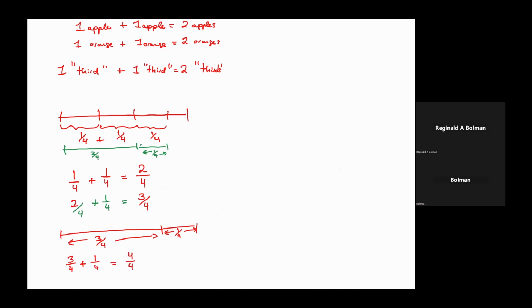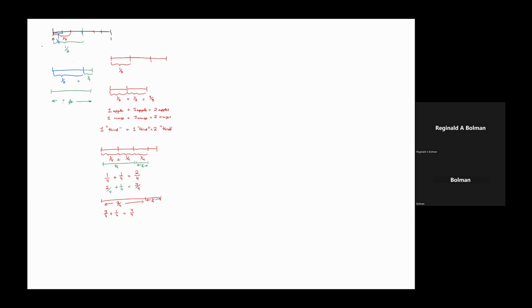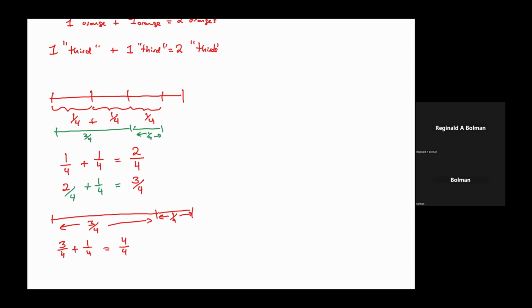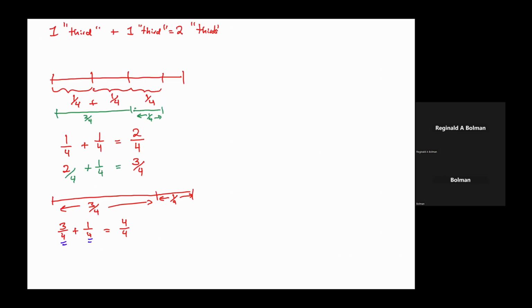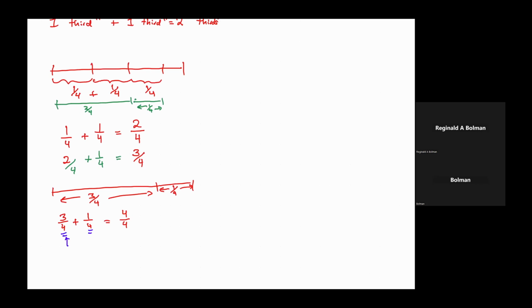Here's the issue that we encounter. When we're adding numbers that have what is known as a common denominator or common base, okay? 3/4 and 1/4 have a common denominator or common base for the fraction because both fractions have 4 in their denominator.